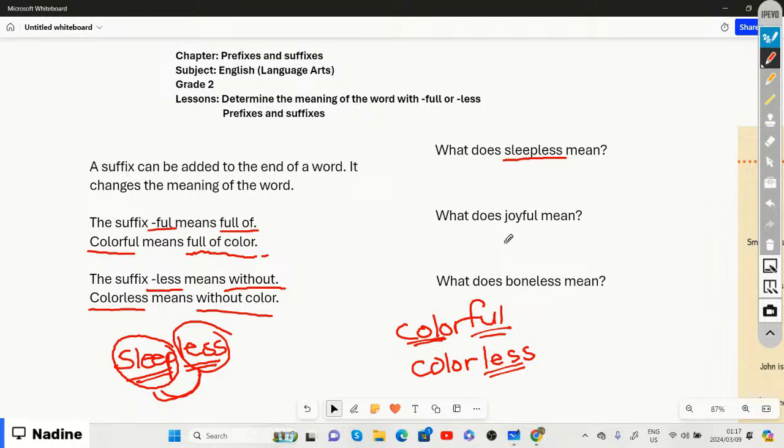All right, sleepless is without sleep, meaning that you're not getting enough sleep. If you are tossing and turning and for some reason you cannot fall asleep, that is sleepless. Somebody would say, I'm having sleepless nights.